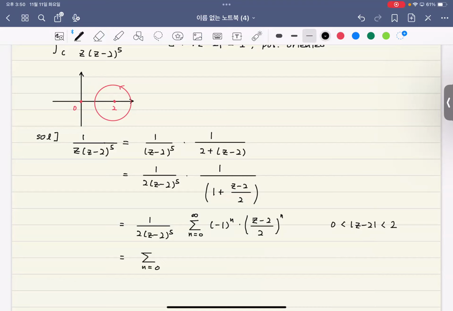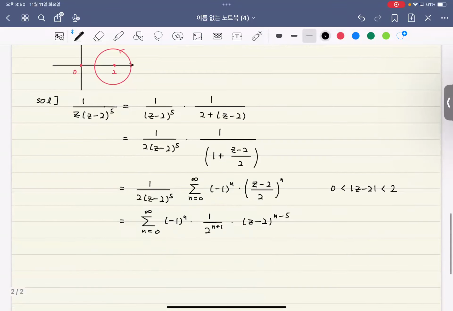So the sum from 0 to infinity, minus 1 to the nth, and this is 2 to the n plus 1, because I'm combining this with this, times z minus 2 to the n minus 5.